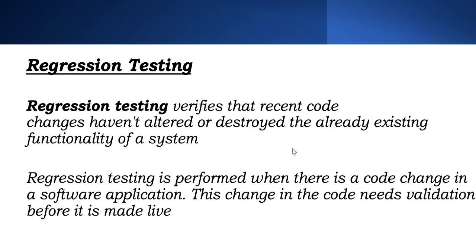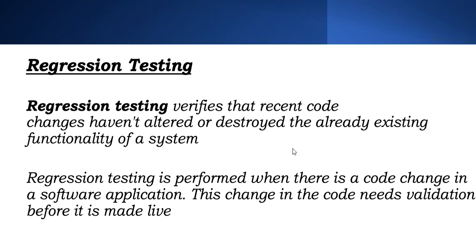And next, coming to the last and an important testing, which is regression testing. Regression testing verifies that recent code changes haven't altered or destroyed the already existing functionality of the system, which means that you already have existing code in production, and now you are adding additional features to the existing application, and you're making sure that by adding this new feature it has not broken the existing one.